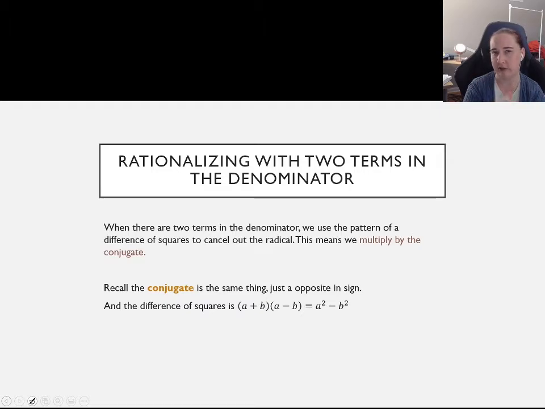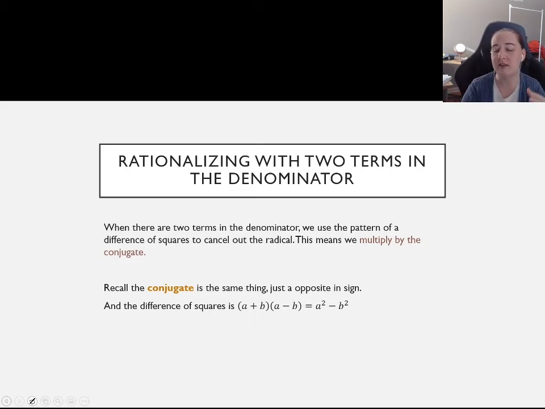So the conjugate is just the same thing, opposite in sign, and then when you multiply it, you get a difference of squares. What happens is that the middle term, which will end up having the radical part, will cancel out, and then the other things that are squared have radicals, and that will cancel out. If you have two terms and it's a cubed root, it's more difficult, but we're not giving any of those to you in this course.